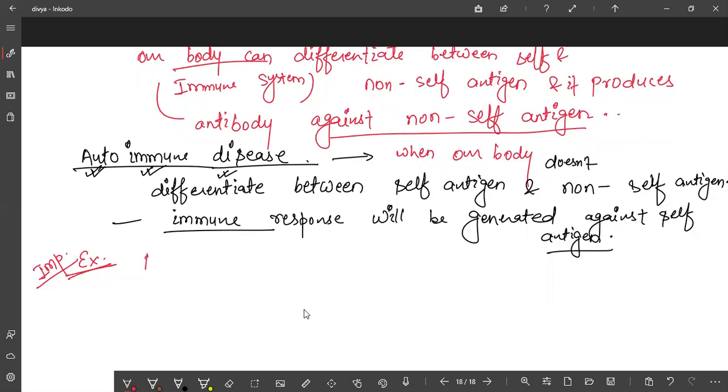One is, in class 11th, you have studied about myasthenia gravis in muscular movement and locomotion. Myasthenia gravis is an autoimmune disease. Chronic hepatitis, where the liver is affected, is also one.